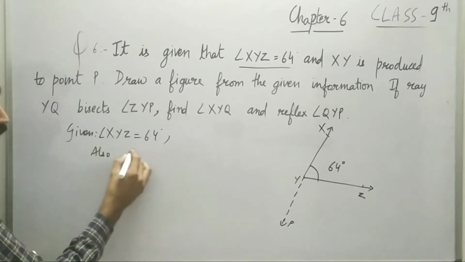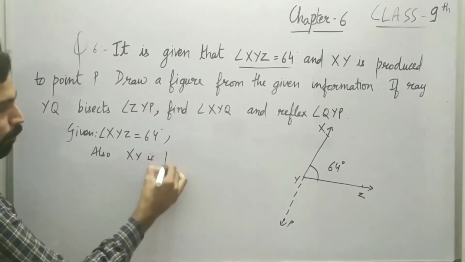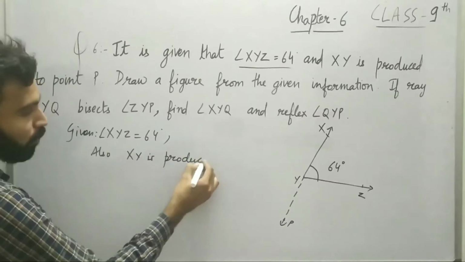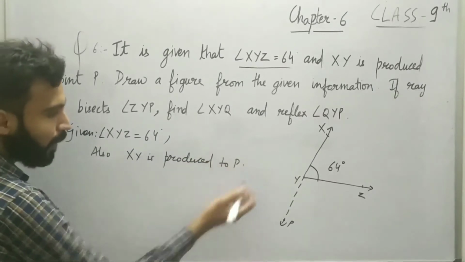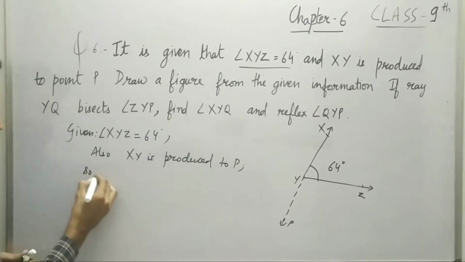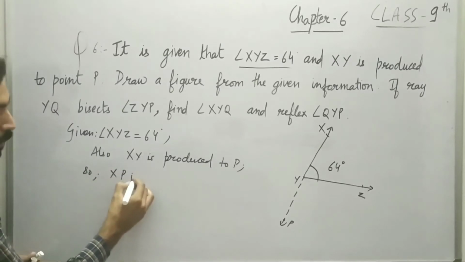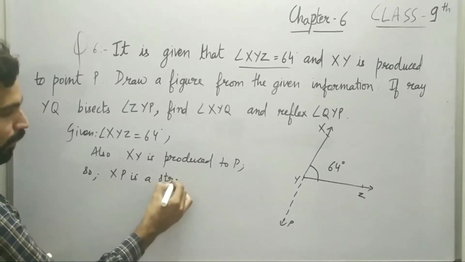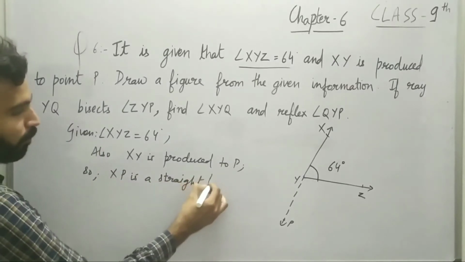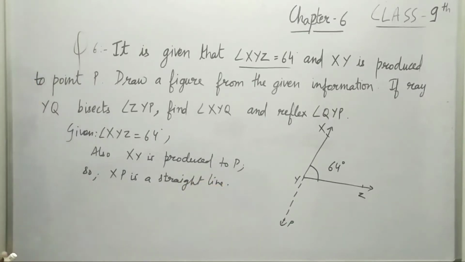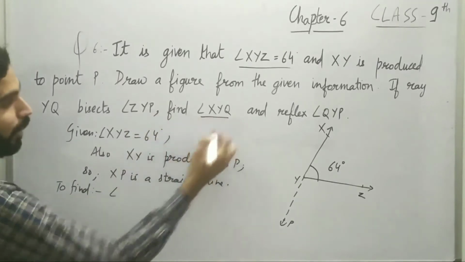Also XY is produced to point P. So XP is a straight line. So this is what is given to us, and to find out, you can see here we have to find out angle XYQ.